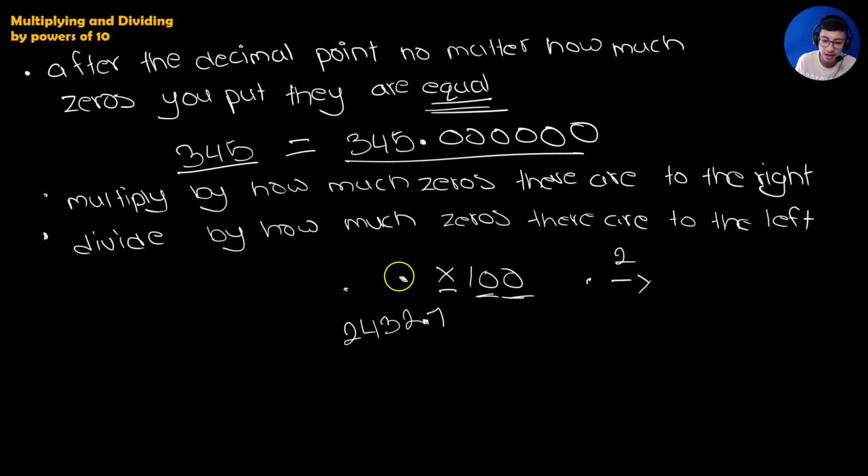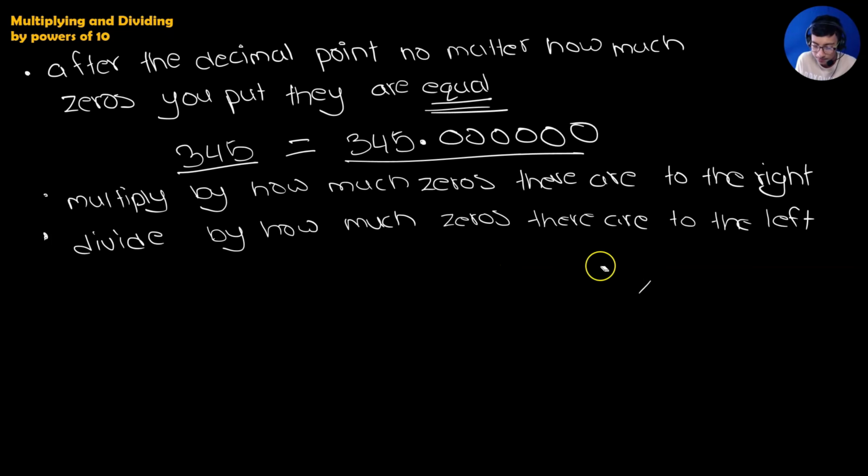So let's try it again with another example, friends. So here we have 1.84 times 1000. Here we have three zeros, so we know that we're moving three decimal places to what?